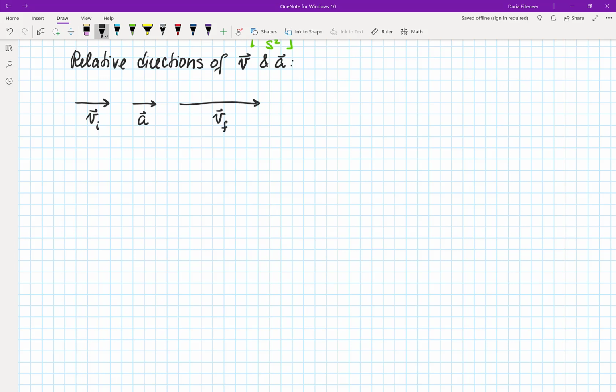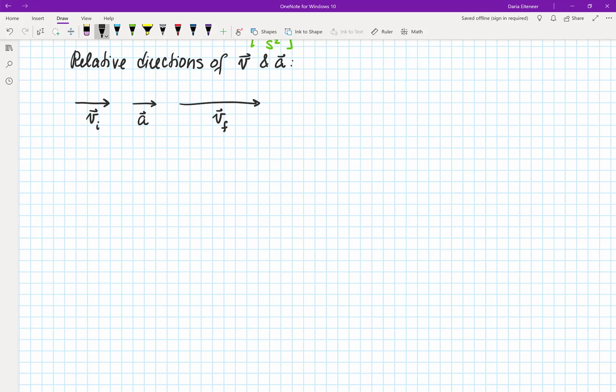The result of that, velocity and acceleration vectors both pointing to the right, is larger velocity or larger speed. I haven't mentioned this yet, but if we're talking about vectors, then the length of the arrow represents the magnitude. So here, the length of the velocity arrow represents the speed.